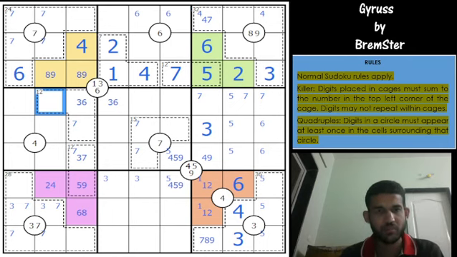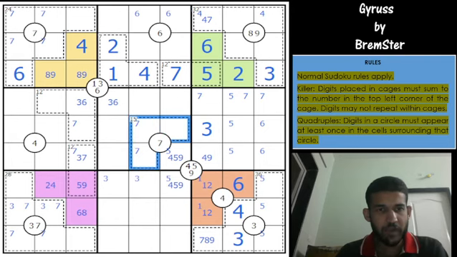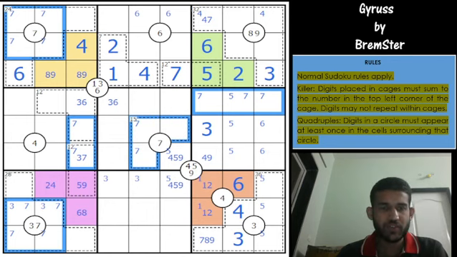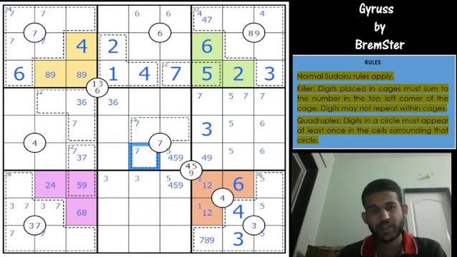No problem. So I keep coming back to this area, 15 cage. Cannot be 1, 7. Could be a 3, 5. That is a problem.